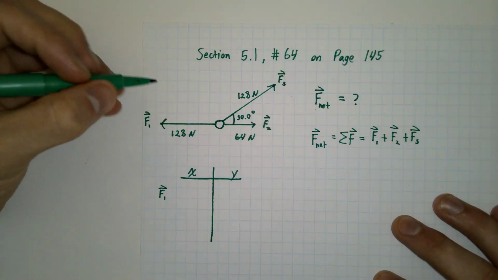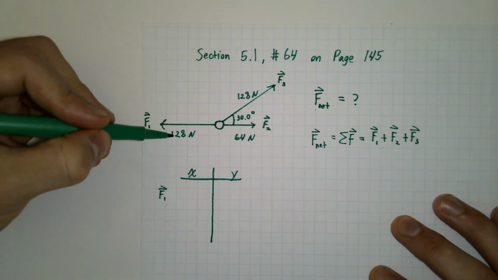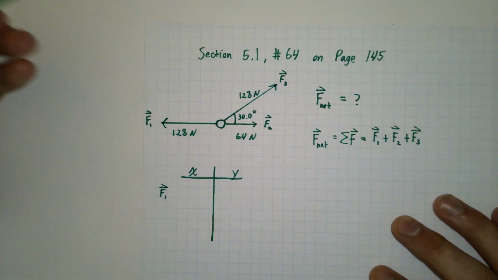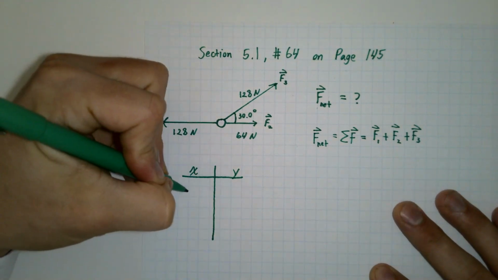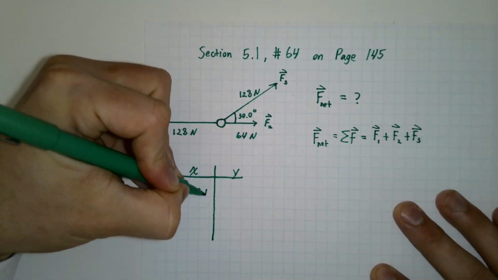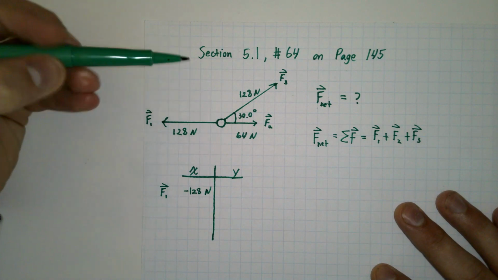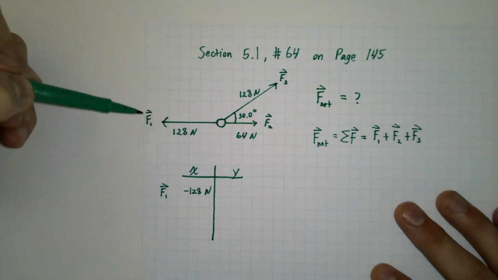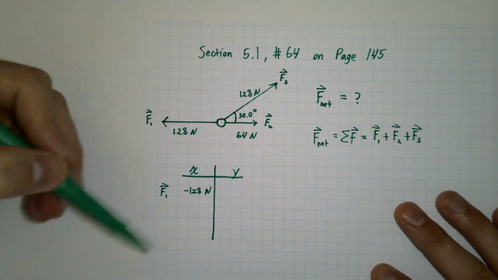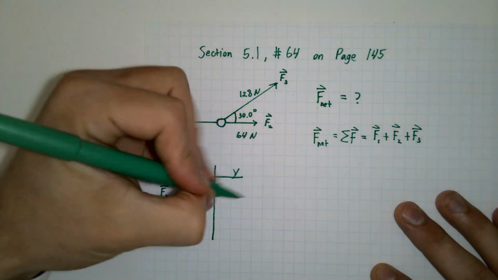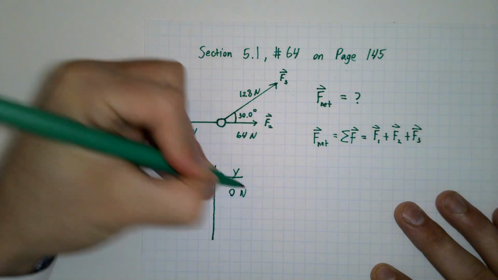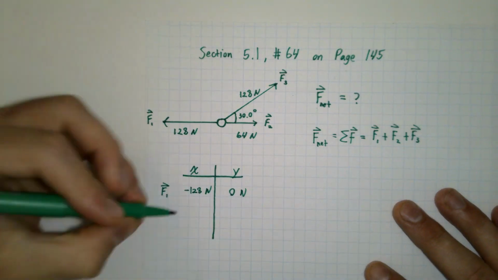So we have in the x direction 128 newtons to the west, or in the negative x direction. So negative 128 newtons. There is no component of this force that acts in the up and down or y dimension. So it's 0 newtons in the y dimension.